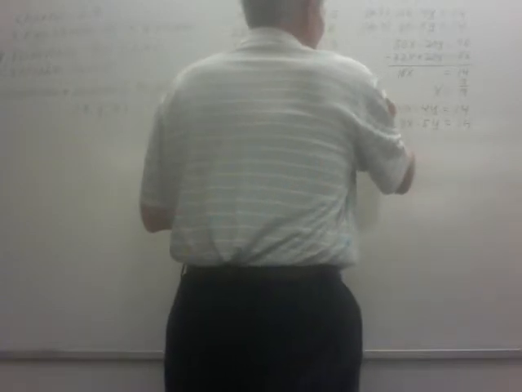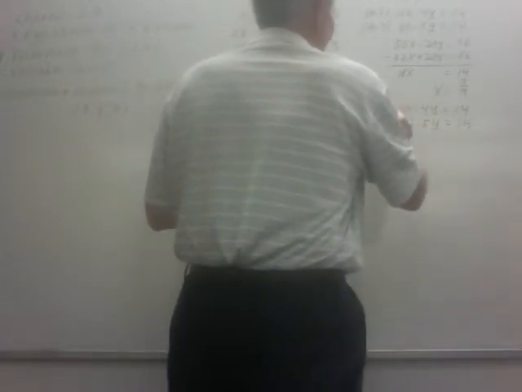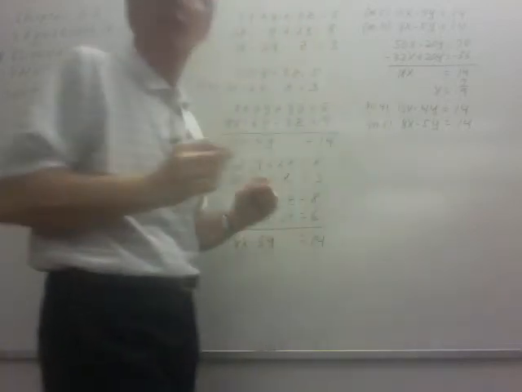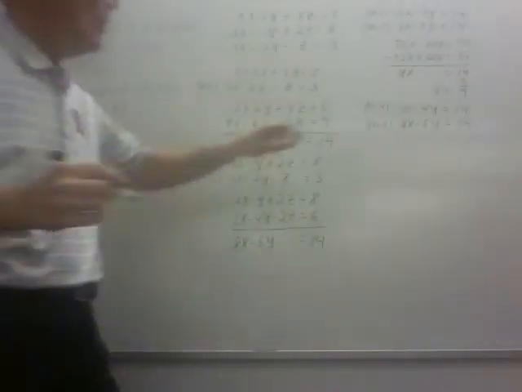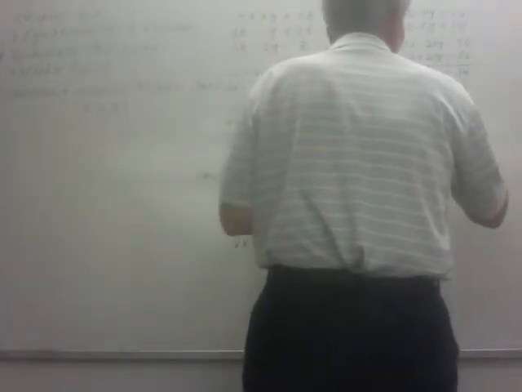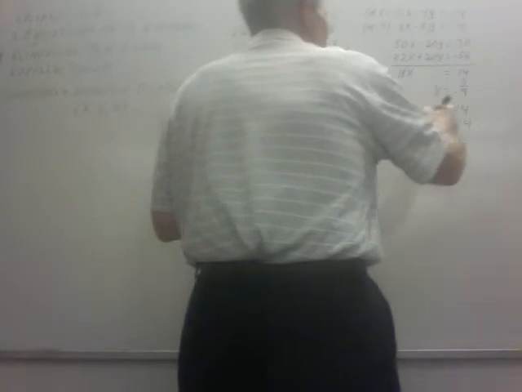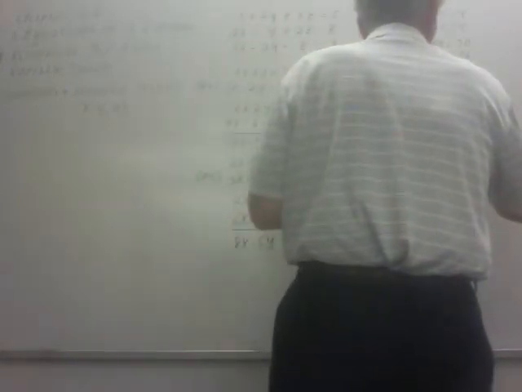Okay. Here, I'm going to multiply this equation by 4, and this equation by negative 5. 4 times 10x is 40x. 4 times negative 4y is negative 16y. And 4 times 14 is going to give me 56.